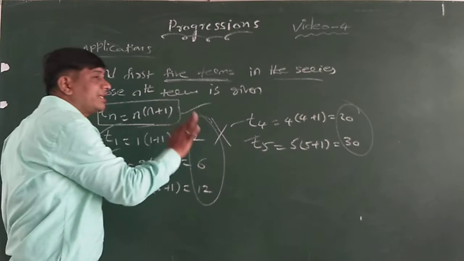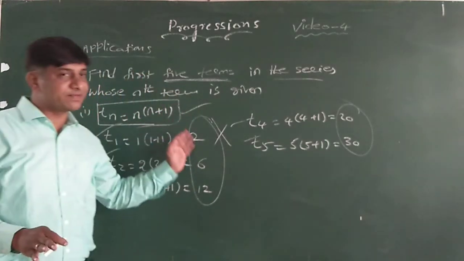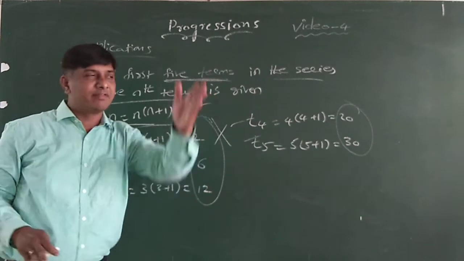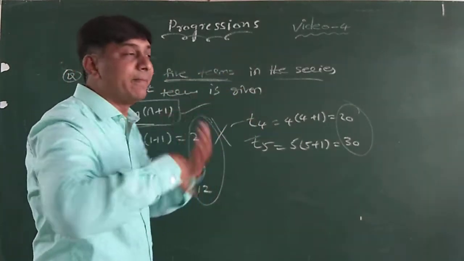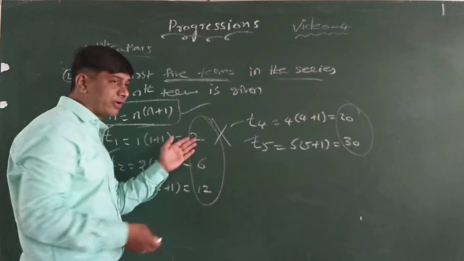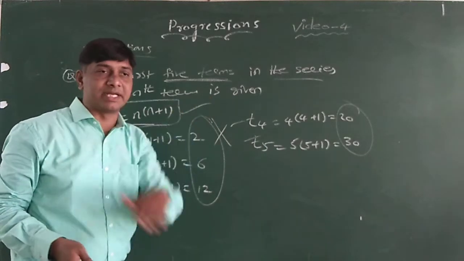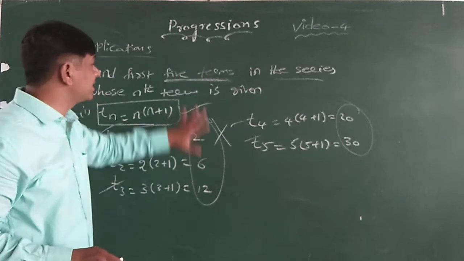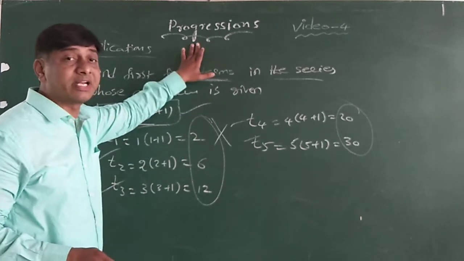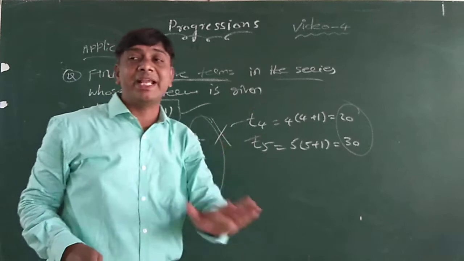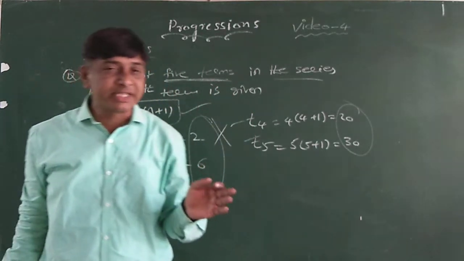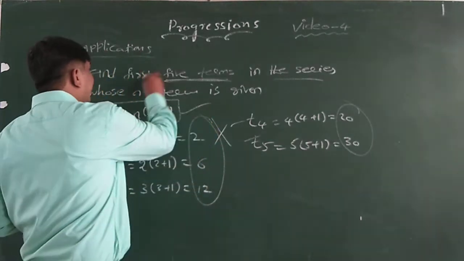No, it is just a progression, following some pattern. 4, 6, 8, 10: every number is increased by a different number. So since it is following a pattern, it is called a progression, but not an arithmetic progression.